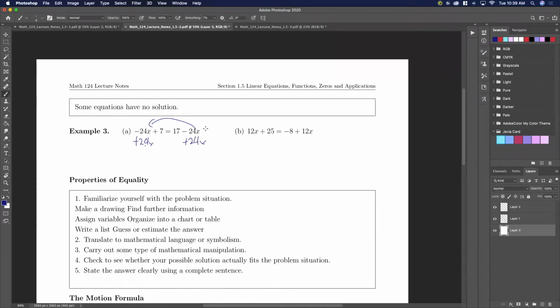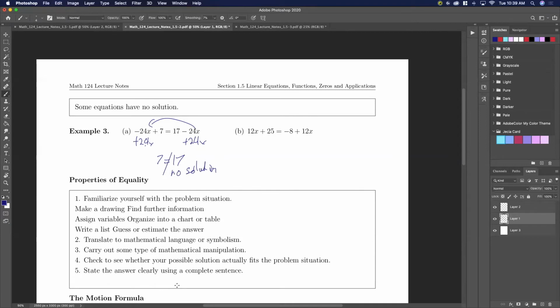And so here I get 0, here I get 0. I have 7 equal to 17. Well, that's never true. And so in this case, this has no solution. So you just write no solution.